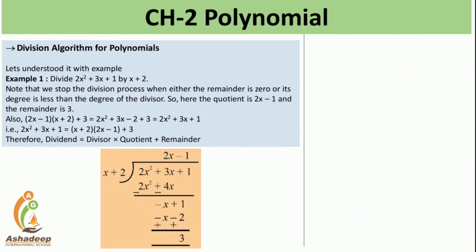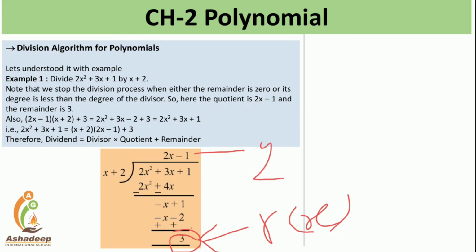So here plus 1 plus 2, it becomes 3, right? This 3 is the r of x, or you can say the remainder. This is the quotient, this is the divisor, and this is the dividend. This is the dividend p of x, this is the divisor g of x, this is the quotient q of x, right?